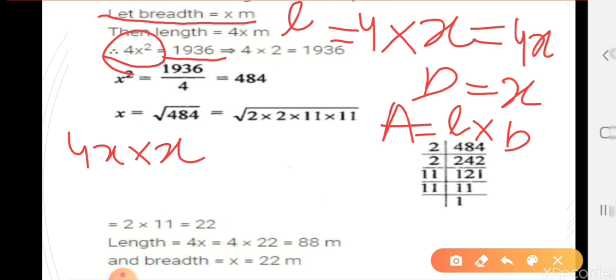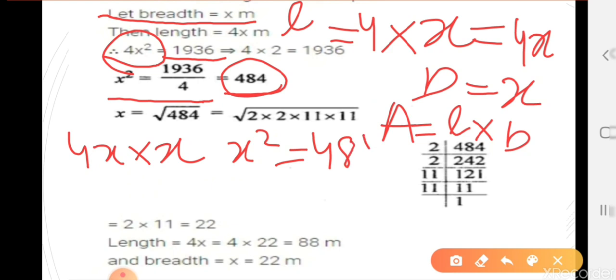Next, x square will be equal to 1936 upon 4. It will come 484. Means we have got x square equal to 484. So x will be equal to the square root. When the square goes to the other side, it changes into square root.